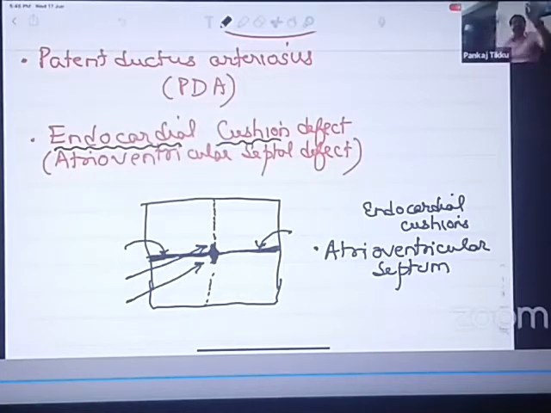You understand, there is one septum between the two atria, there is one septum between the two ventricles, and there is one septum between the atria and the ventricles. This is the one that I am showing, the septum between the atria and the ventricles. This atrioventricular septum is formed by the endocardial cushions.